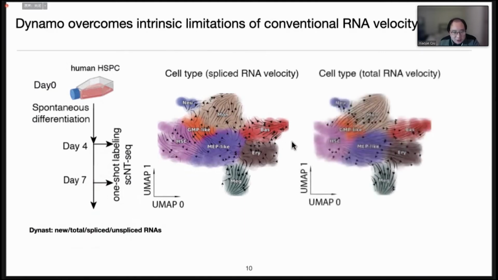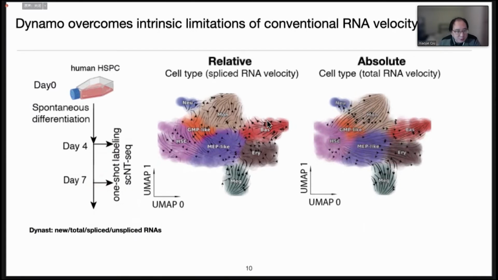On the other hand, when we use the labeling data, Dynamo automatically reveals a smooth hierarchical transition from HSC into the GMP-like and MEP-like cells, which then ramify into all kinds of terminal cell types. This nicely recapitulates what we know about human hematopoiesis, indicating that the metabolic labeling based data can give us better results compared to the splicing data.